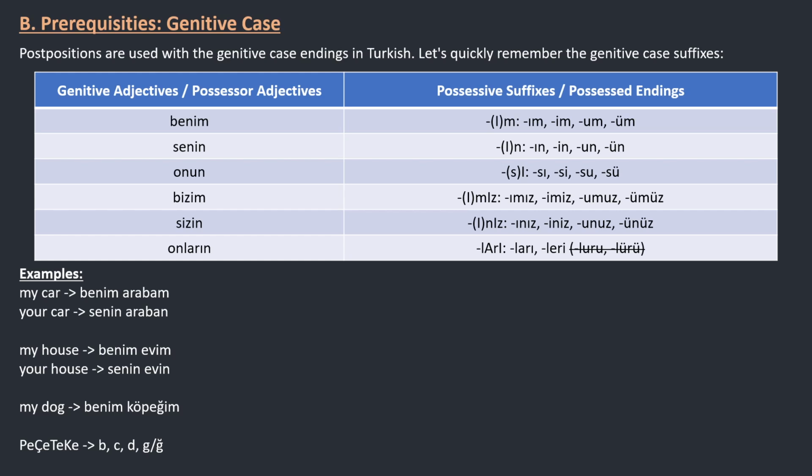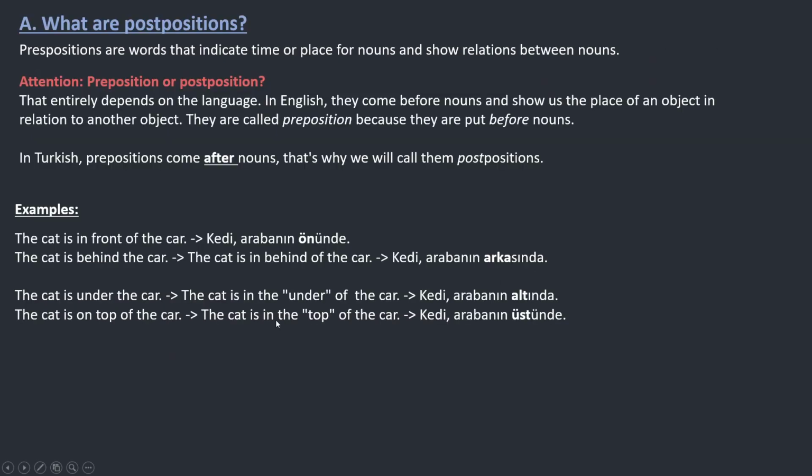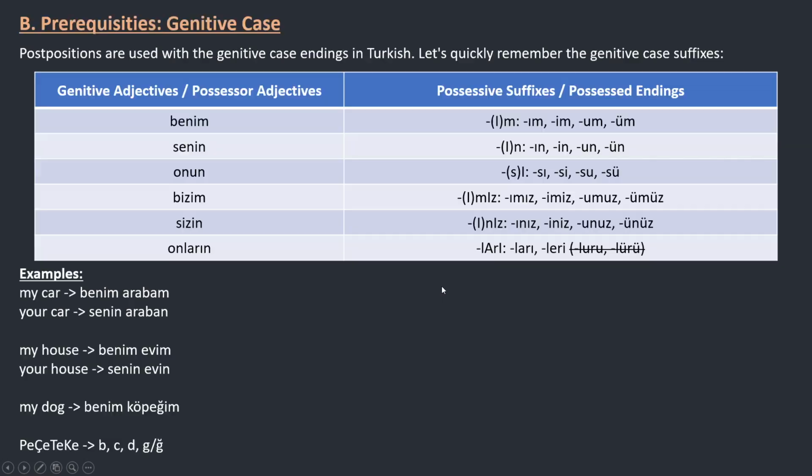So, we need to know the genitive case if we want to talk about the location, because that's how we say it, as I was trying to show you here. You need to be able to say like my top or my under or my front or the box's front. You need to be able to build this possessive relationship.